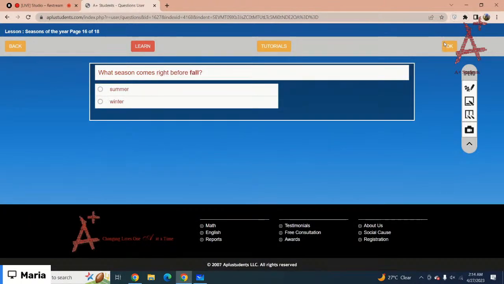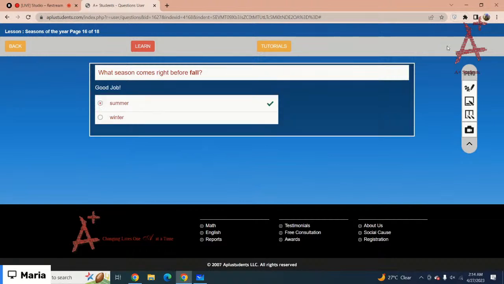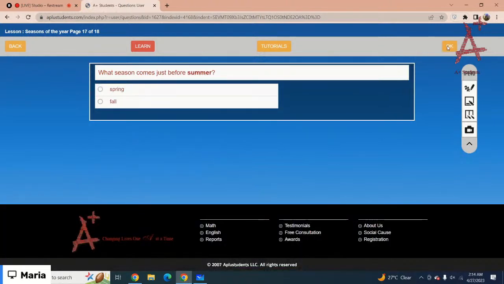What season comes right before fall? Before fall, it is summer. What season comes just before summer?